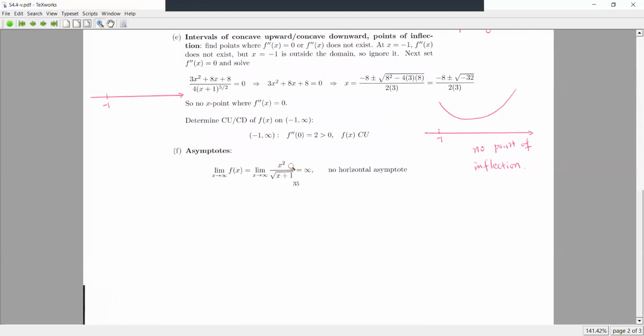So the ratio should be infinity by inspection. Because infinity is not a finite number, therefore the graph of the function f has no horizontal asymptote.